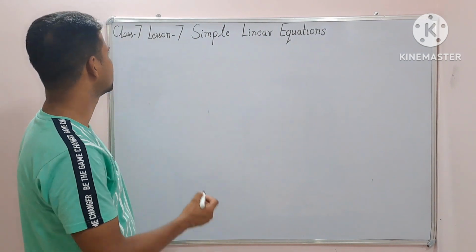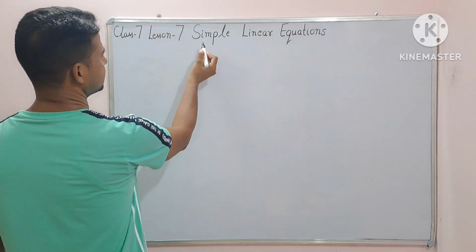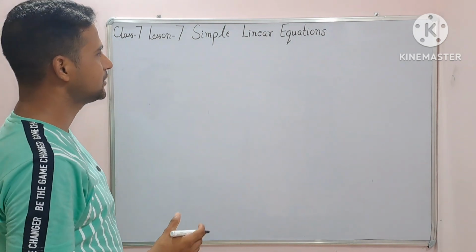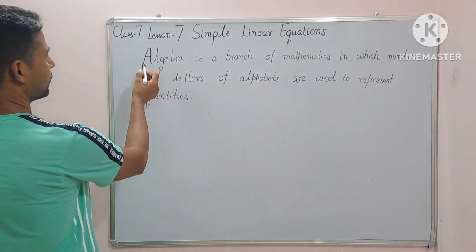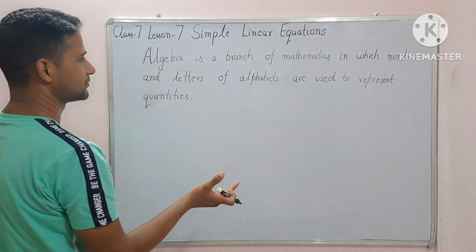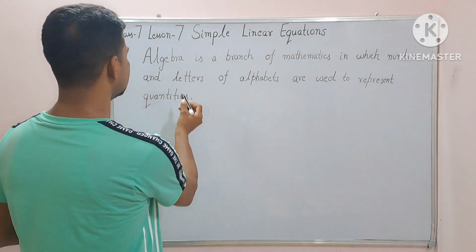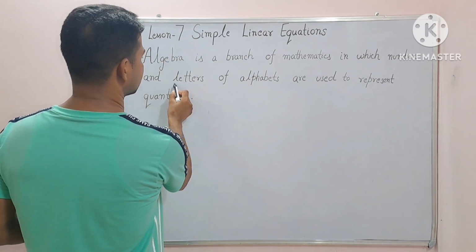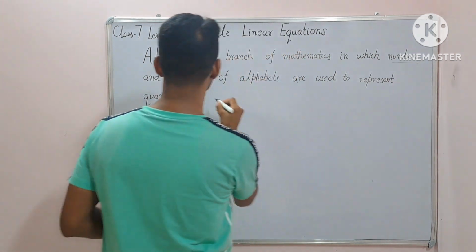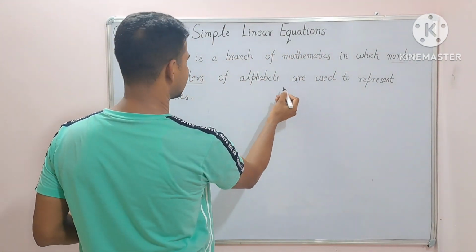In today's video, we will learn lesson number 7, simple linear equations of class 7, in a very easy way. Now, what is algebra? Algebra is a branch of mathematics in which numbers and letters are used.